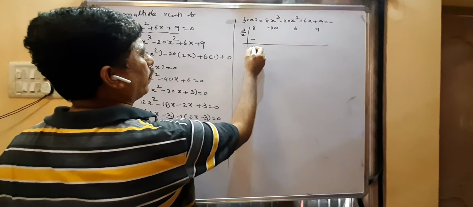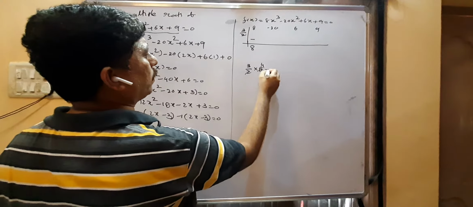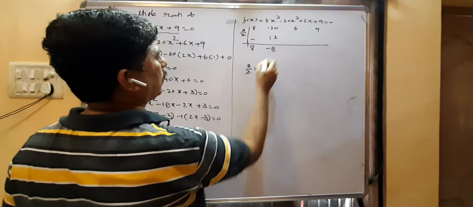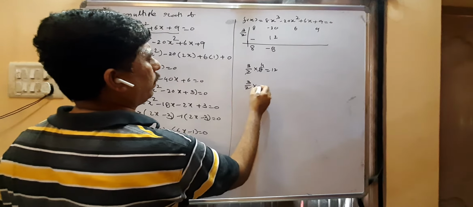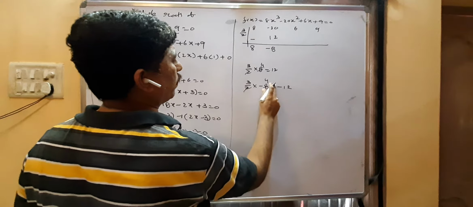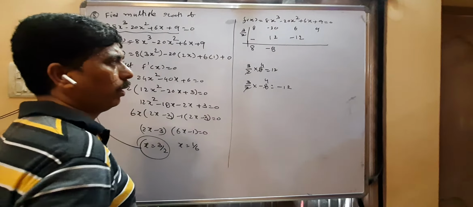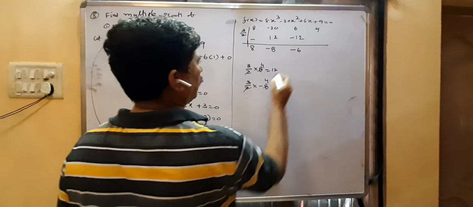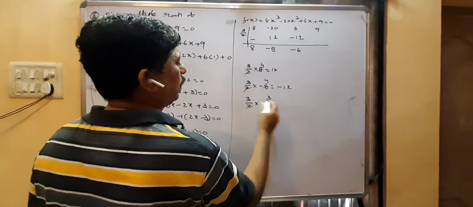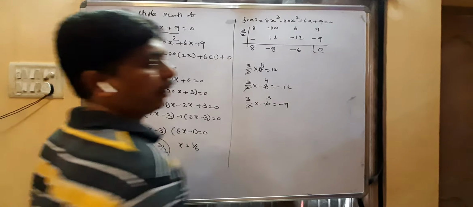First 8. 3 by 2 into 8: 2 fours are 3 fours are 12. Minus 20 plus 12 is minus 8. 3 by 2 into minus 8: 2 fours are 3 fours are minus 12. 6 minus 12 is minus 6. 3 by 2 into minus 6: 2 threes are 3 threes are 9, minus 9. Minus 9 plus 9 equal to 0.